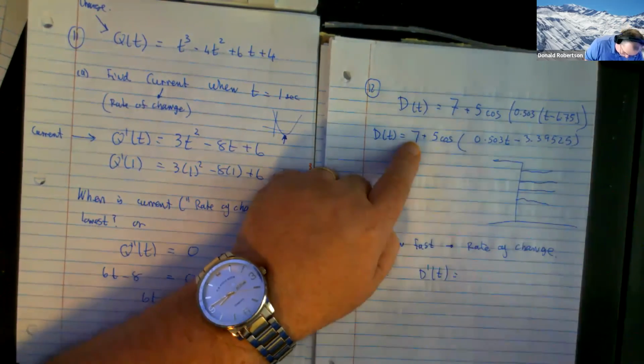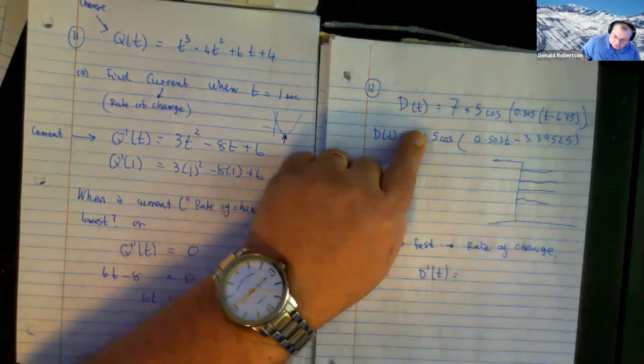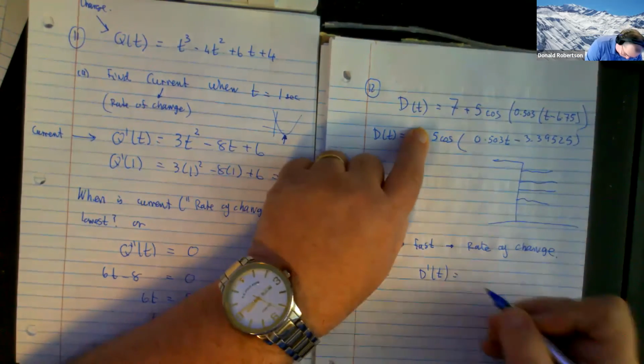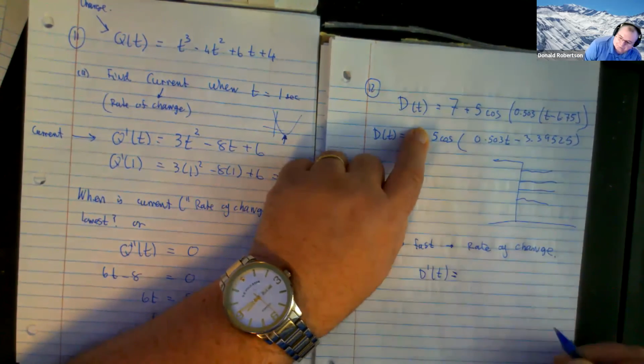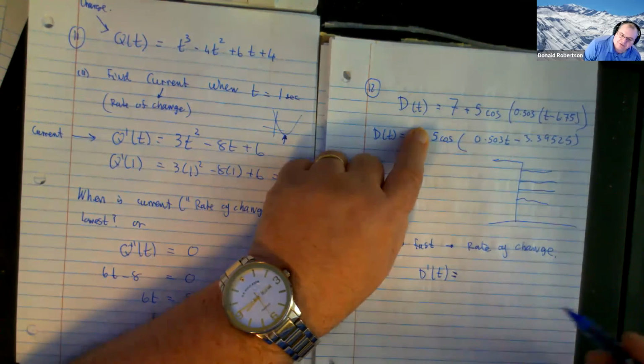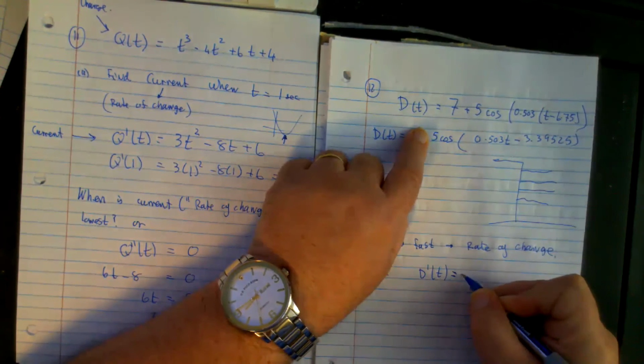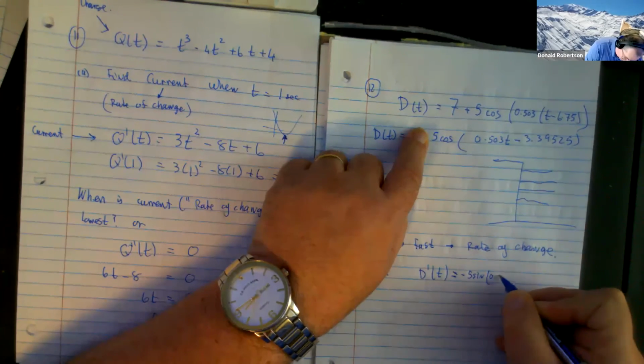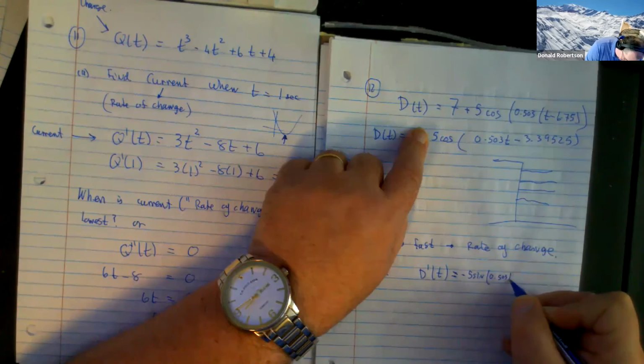Derivative of 7 gets you nothing. What do you get if you differentiate 5 cosines? What's the derivative of 5 cosine? Negative 5 sine of this horrible expression.